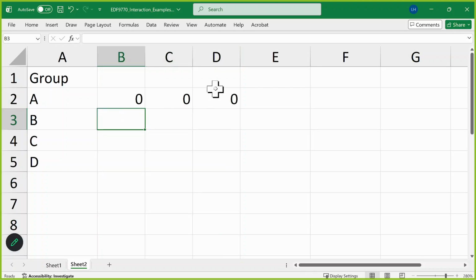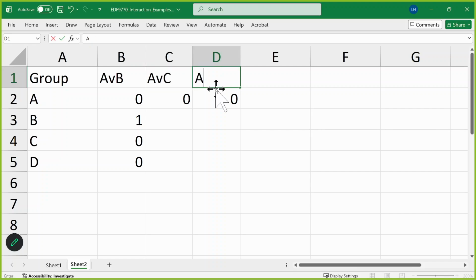Now, if I want to do indicator coding, if I want this first variable to represent A versus B, what goes here? 0, 1, very good. What goes here? A 0. Okay. Then the next one over would be A versus C under this system, A versus D. What goes here? 0.